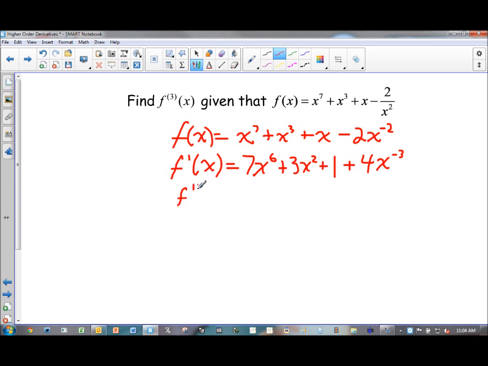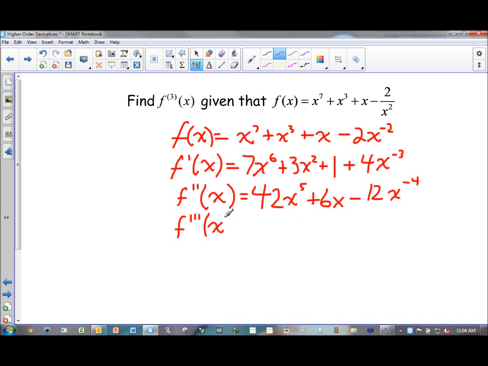Second derivative, I'm just going to take the derivative of what I just wrote down. So that will be 42x to the 5th plus 6x. And the derivative of 1 is nothing, so I'm not going to write that, minus 12x to the negative 4. That's the second derivative. And then one last time, I'm going to take the derivative of what I just wrote down.